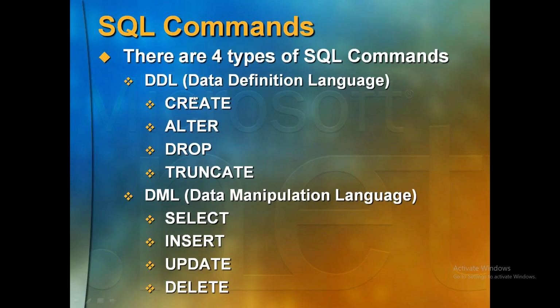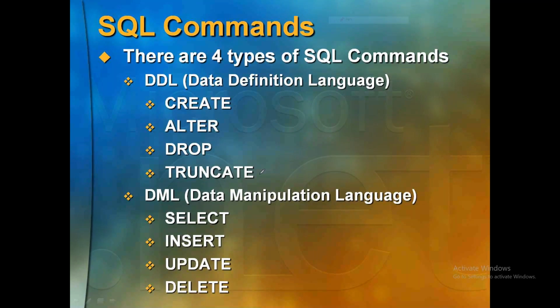Clear? So this is for the object. Data definition means we're talking about databases, alter databases, creations, and everything. These four commands are for data: data insert, data update, data delete, data reading. Select means data reading. So this is data writing and reading.